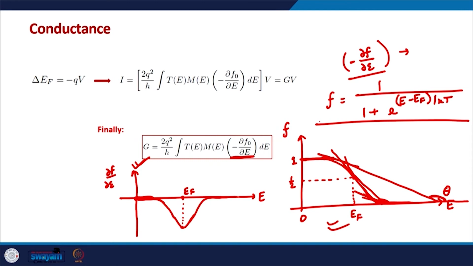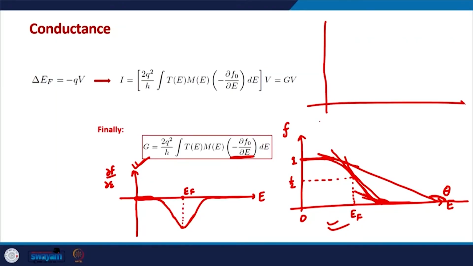So this function will look something like this, and the minus ∂F/∂E function will just be the inverse of this function. We just need to change the sign, flipping this function with respect to the x axis. That will give us minus ∂F/∂E.